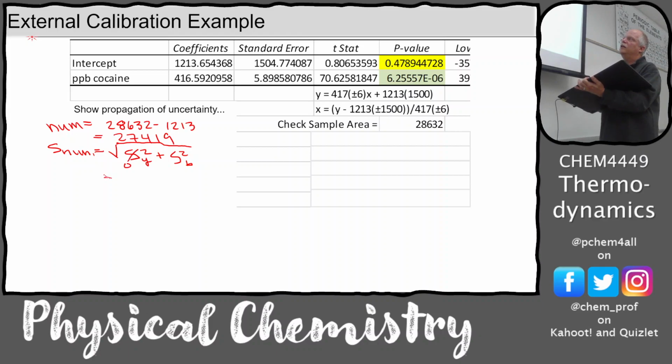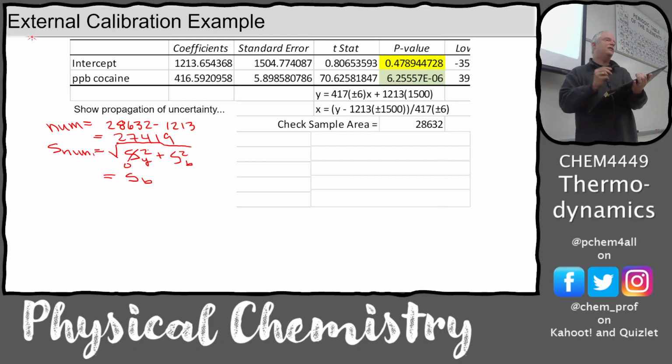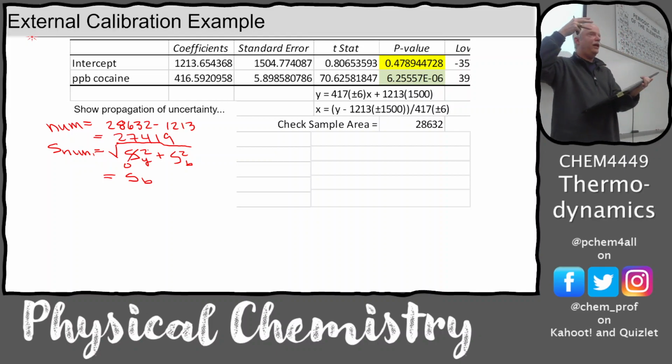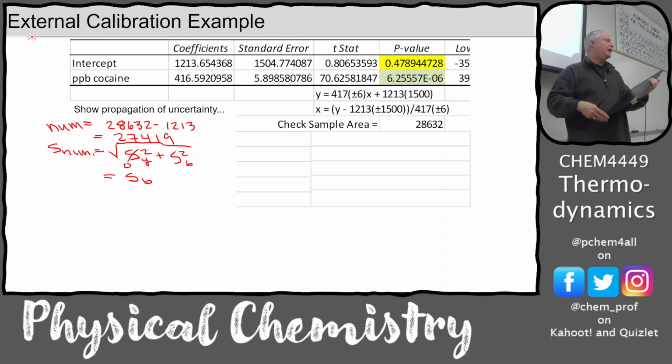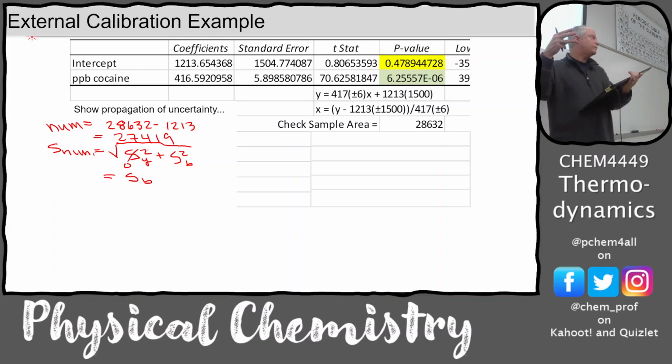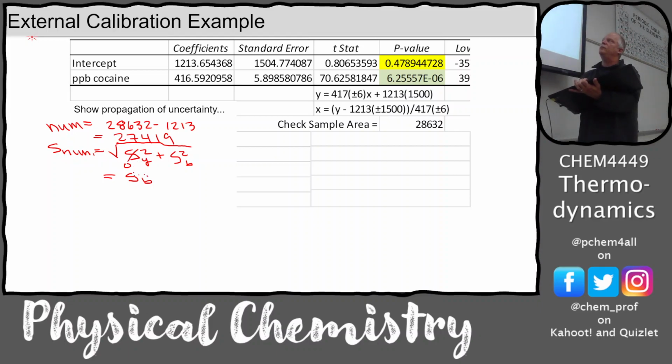And so the S numerator is going to be SB, right? It's the square root of SB squared. So this is the special case when you don't know the uncertainty in Y. If we had done 3 Y samples, like we did the other day in class, then we would have an uncertainty in Y. But in this case, we don't have an uncertainty in Y, so that one's 0. So our uncertainty for the numerator is SB.